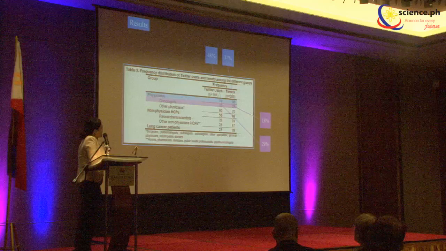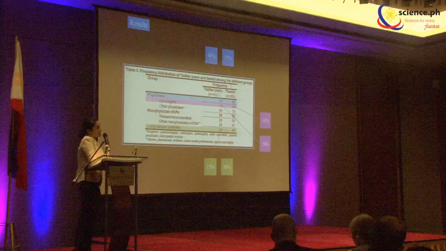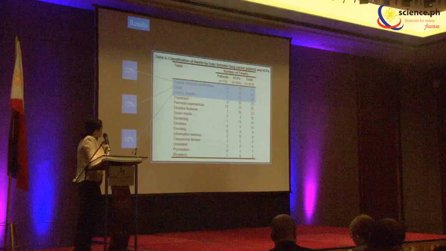So for classification of tweets, the most common topics mentioned were cancer advocacy and awareness, death, and cancer stigma. Cancer advocacy and awareness tweets were used in online support groups and for cancer awareness days, but I think the selection of the cancer awareness months might have contributed to this.